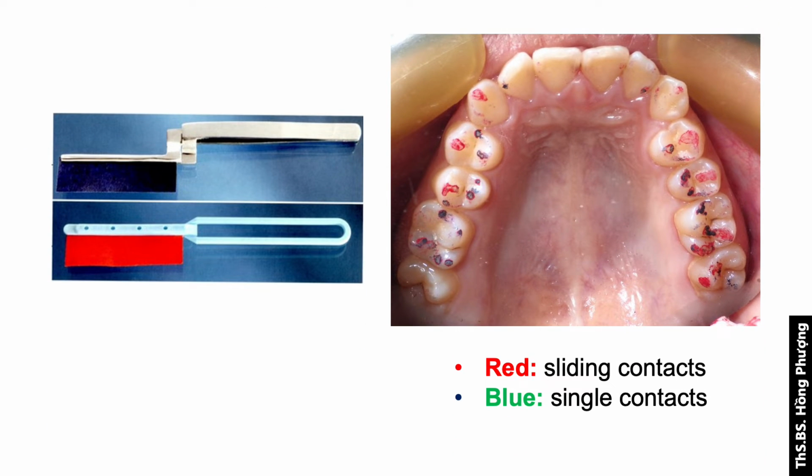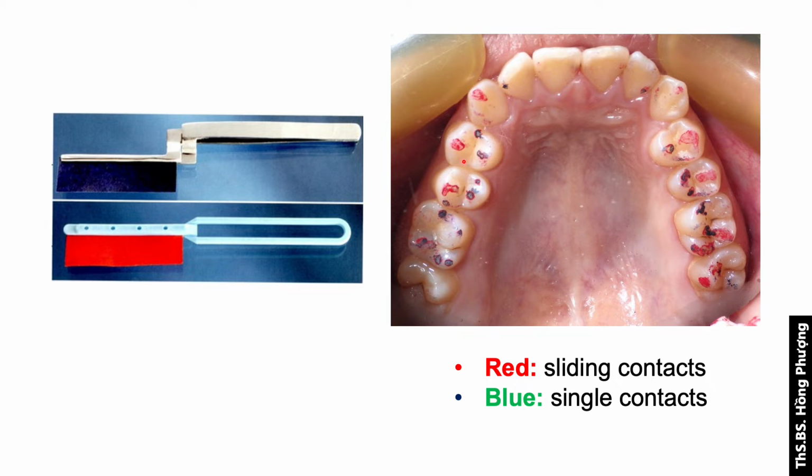We can observe the contacts in many ways. A common and popular way is to mark the occlusal contact with articulating paper. This is a thin paper covered with colored wax. In this figure, you can see that we use red articulating paper to mark the sliding contact.